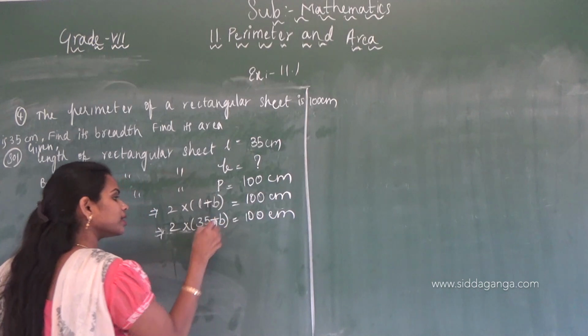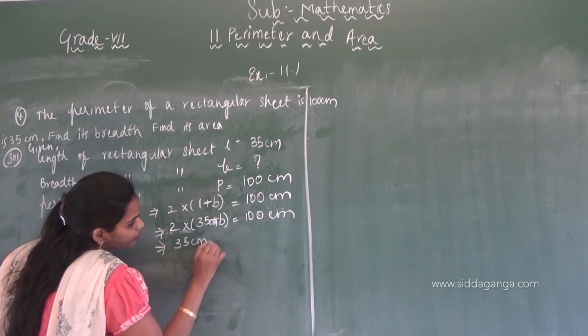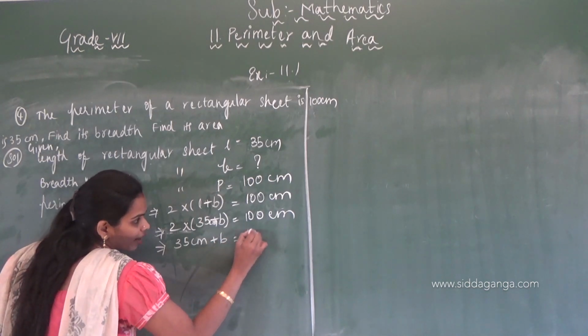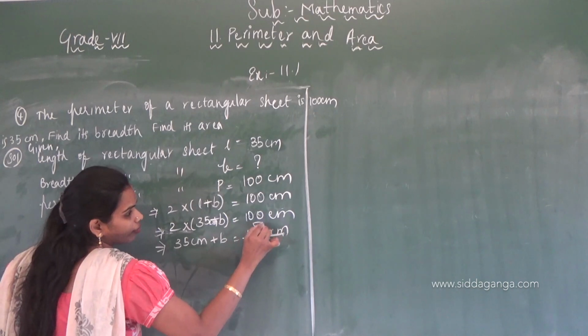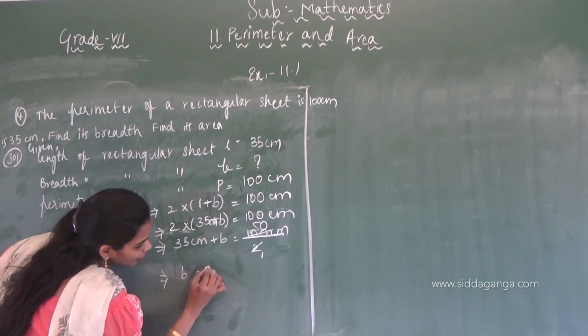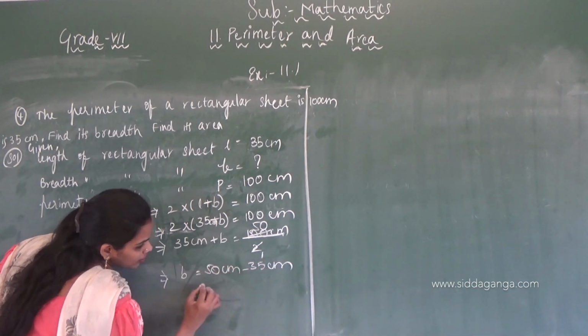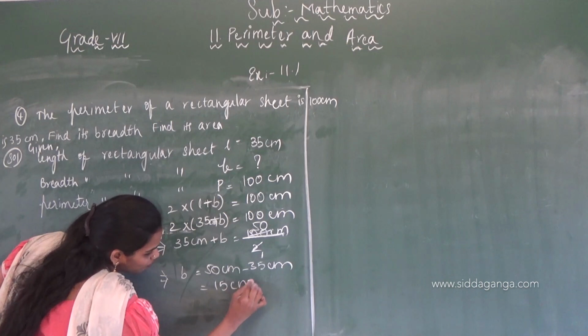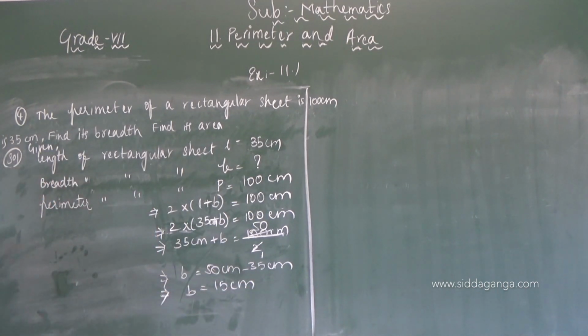Here also you have to write centimeters. 35 centimeters plus B equals 100 centimeters by 2. B equals 50 centimeters minus 35 centimeters, that is equal to 15 centimeters. Therefore, the breadth of the rectangular sheet is 15 centimeters.